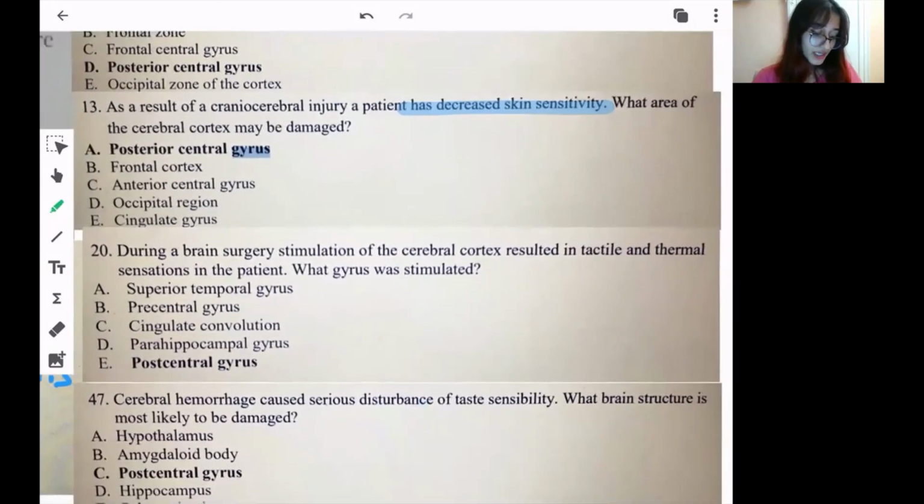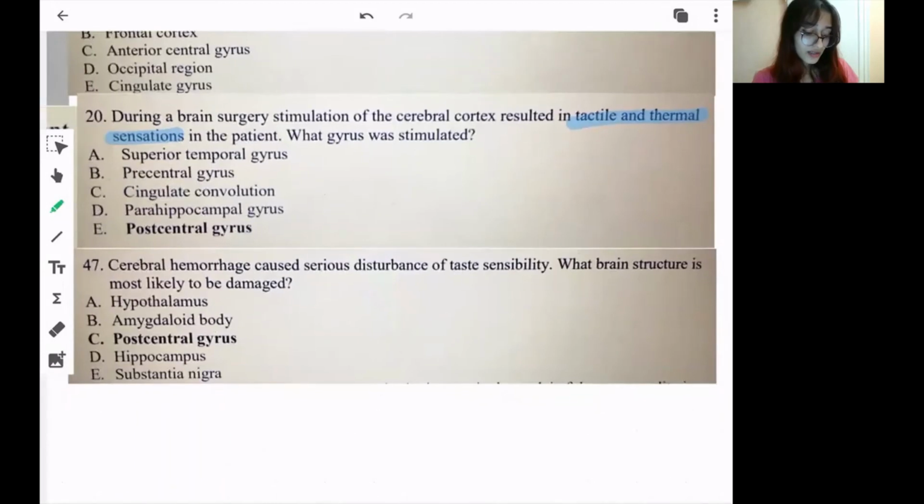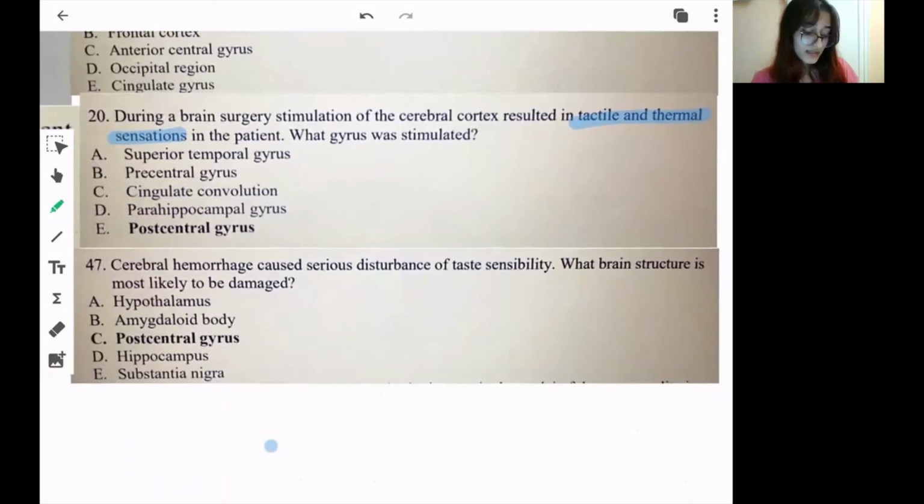Now, during a brain surgery, stimulation of the cerebral cortex resulted in tactile and thermal sensations in the patient. Again, the same reason, posterior central gyrus. And now, same question, cerebral hemorrhage caused serious disturbance of taste sensibility.